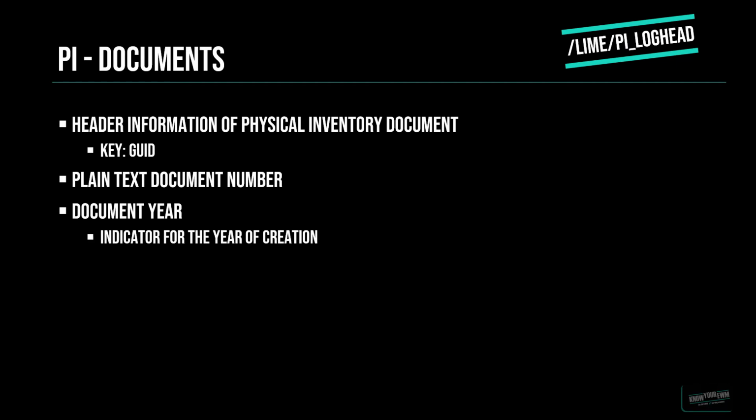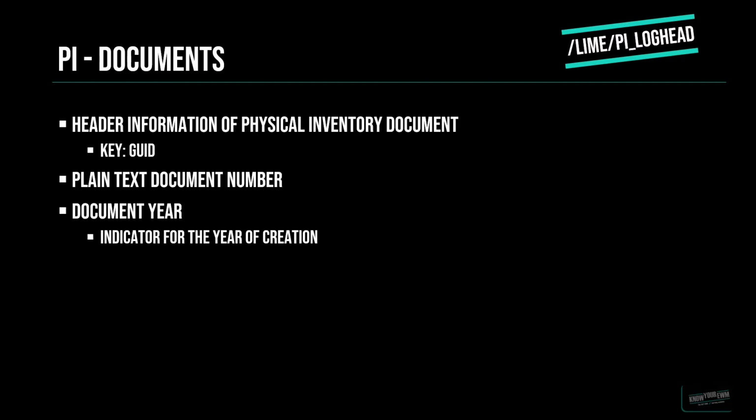That is because the inventory document number ranges are maintained per year, which means that the document number 1, for example, can exist in the year 2019 and also in the year 2020 for the first created physical inventory document for each of those years. That is why we need this information on database level.